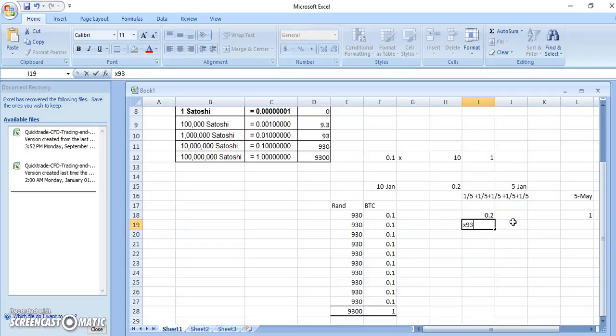So if you have this 0.2, if you were to convert it to rands, you will say times 930. Okay, so you have 0.2. So what does it mean?